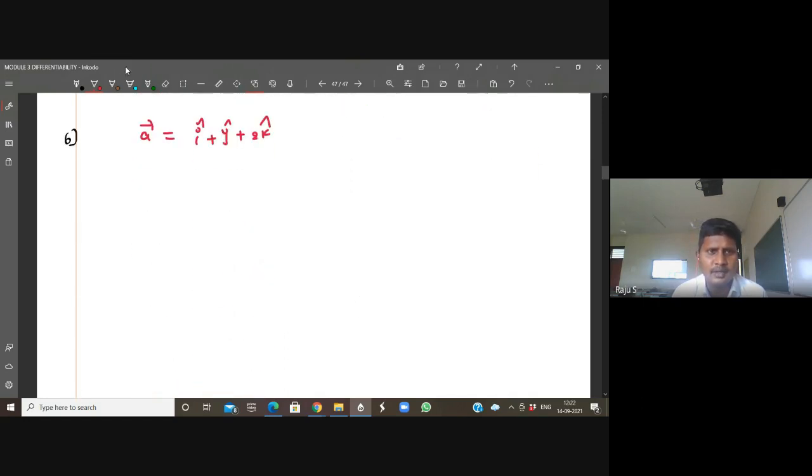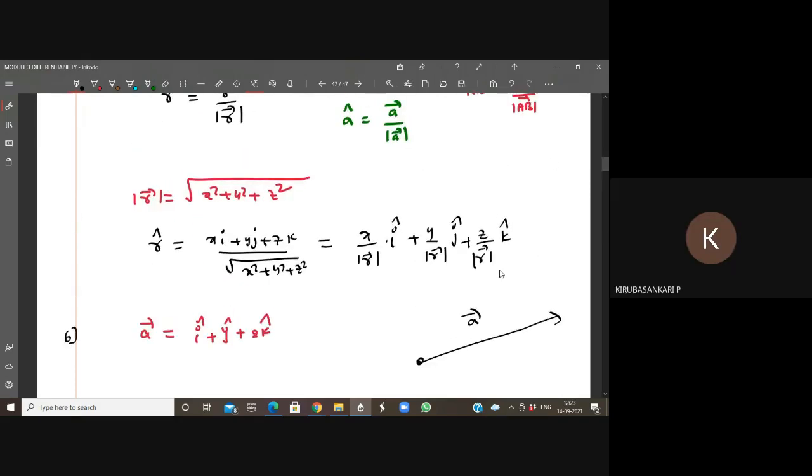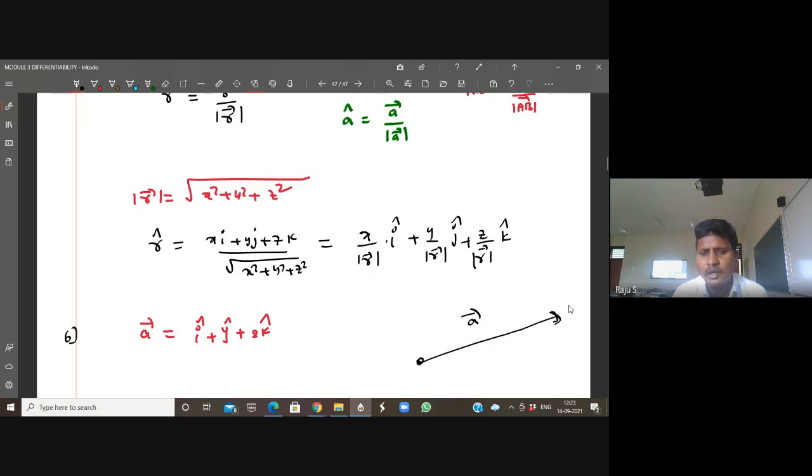In the sense, for example, let us take this as any vector. This is the given vector A. But I want to know the unit vector along this vector. Up to here it is 1 unit distance. I want to find this vector from the initial point: A to B is the given vector, but AC is the unit vector. From A to C is the unit vector.